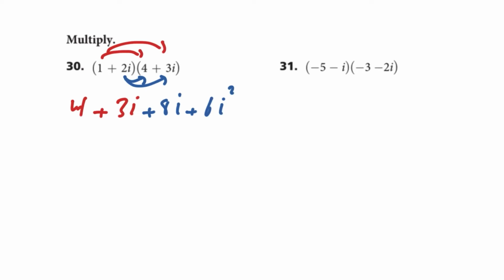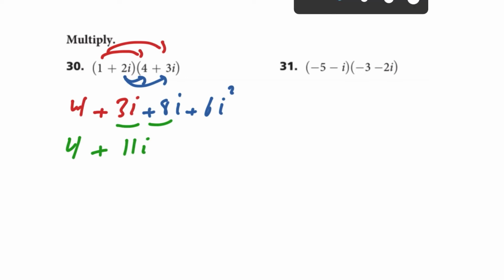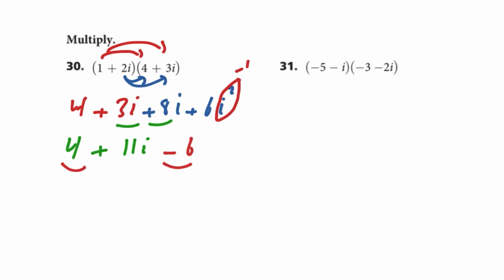Combining like terms, this is 4 plus 3i and 8i is 11i. Knowing that i square is -1 multiplied by 6 is -6. Combine again, -2 plus 11i.